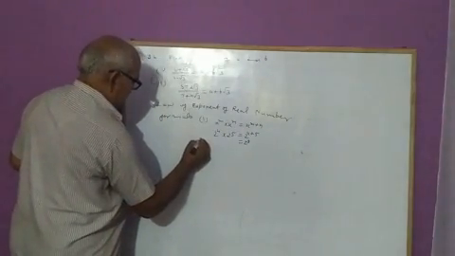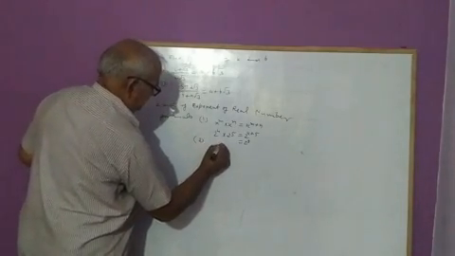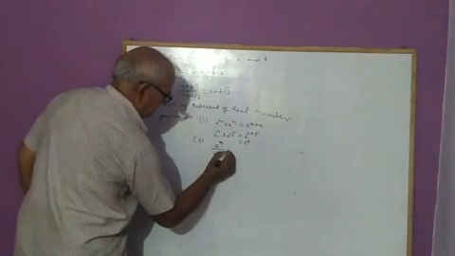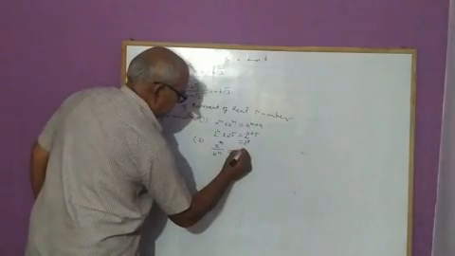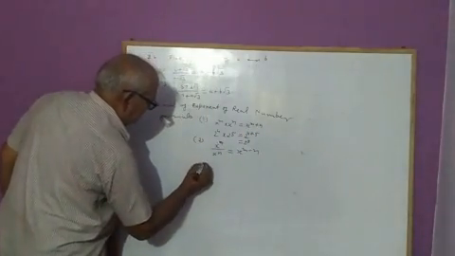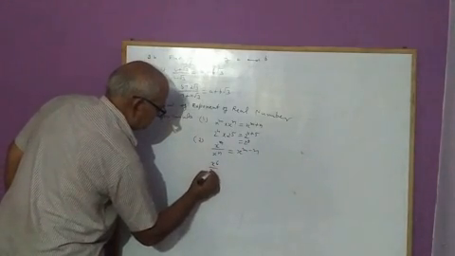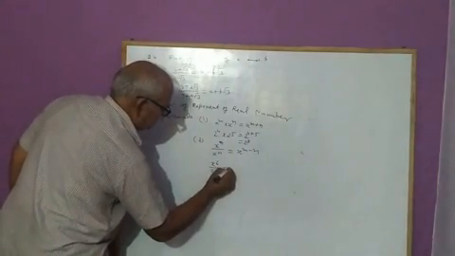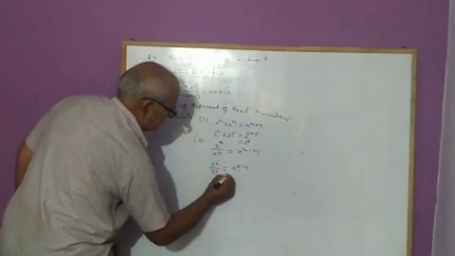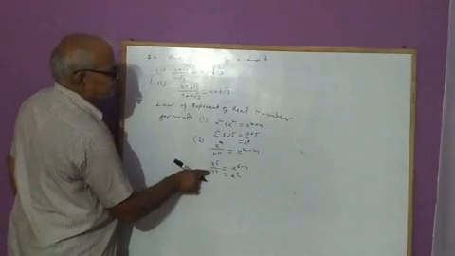Second formula, x to the power m upon x to the power n is equal to x to the power m minus n. For example, x to the power 6 upon x to the power 4 is equal to x to the power 6 minus 4, which equals x to the power 2, if the base is the same.